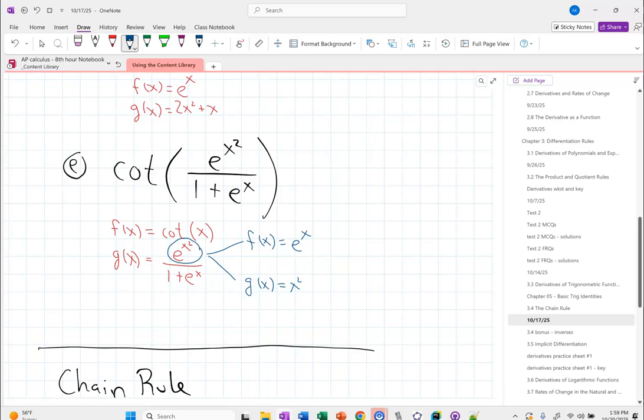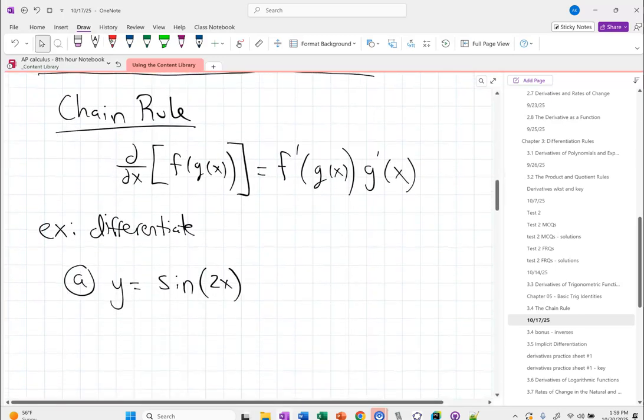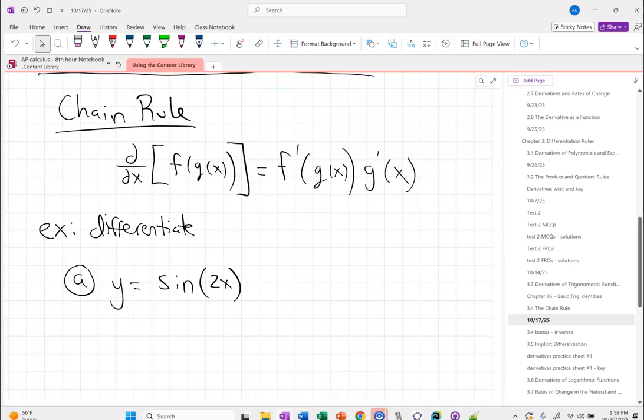So let's get to how I do the derivative of a composition. This rule is called the chain rule. The chain rule just says that the derivative of a composition is the derivative of the outer, where the inner part stays the same, times the derivative of the inner part.